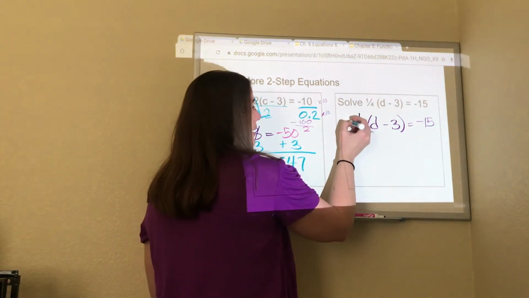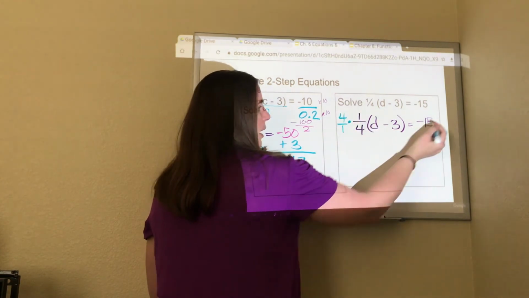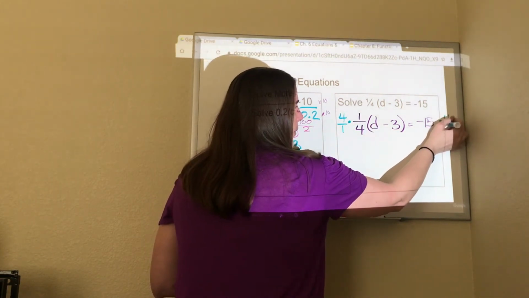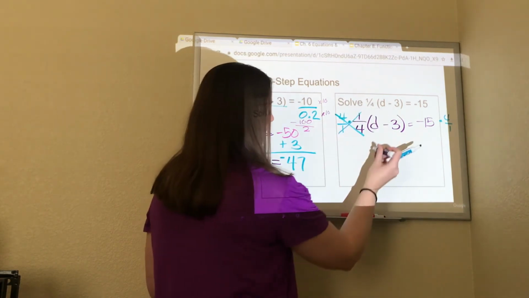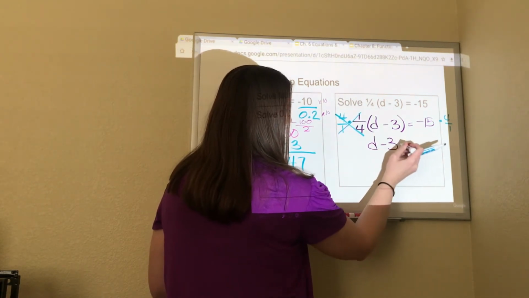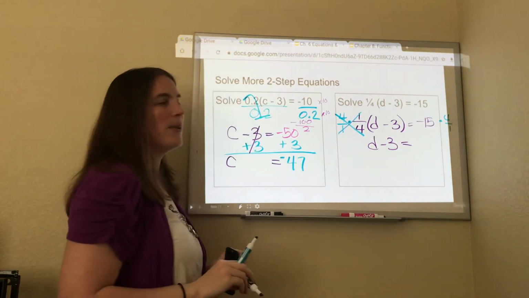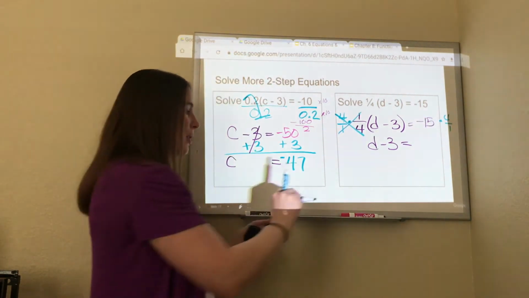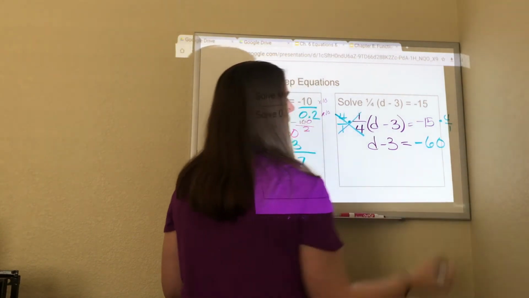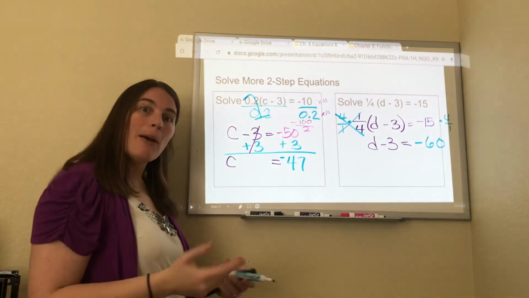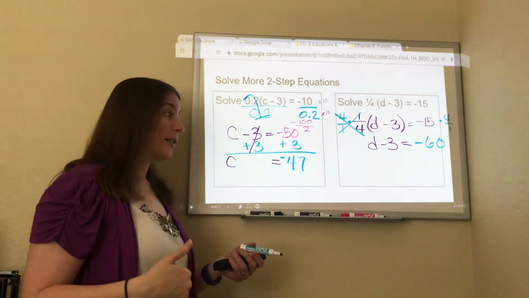So I'm going to multiply this one by 4/1, and then times 4/1. These would cancel out, so I'm just left with d minus 3 equals negative 15 times 4. So that would be negative 60. Now I'm at my 1-step solution that I need to solve.